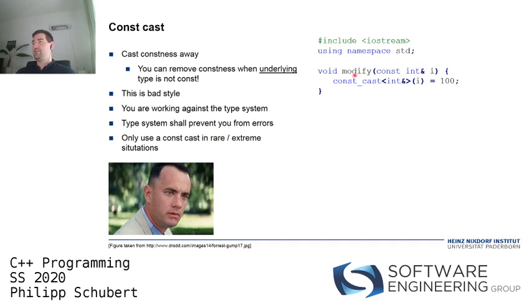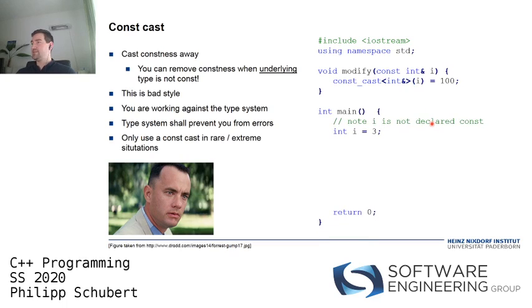But what we can do here is use the const cast, and we say, just take that ref i and cast it into an ordinary integer reference. So here we remove the constness. And this allows us, because it's just a plain int ref, to then write some integer value to it. That's the idea.